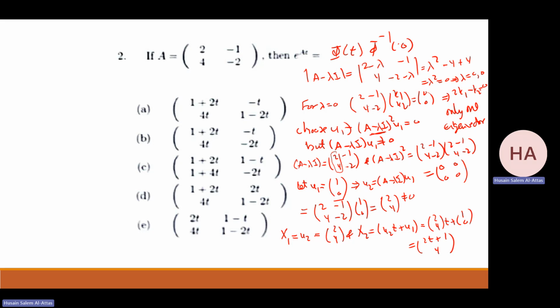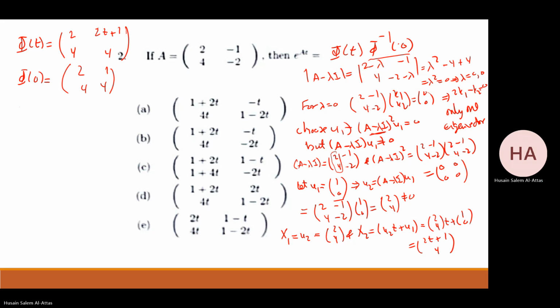What is phi t? It will be 2, 4, and then 2t plus 1, 4t. Okay, this is phi t. Still, to find e to the power At, I need phi at 0. And that is 2, 1, 4, 4.